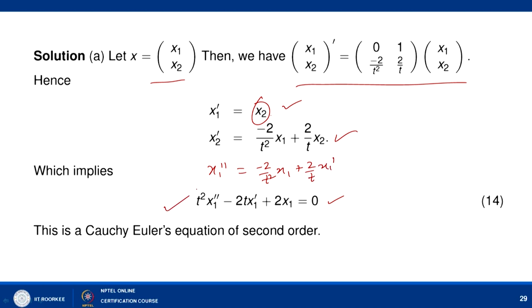When you simplify, you will get t² x₁'' - 2t x₁' + 2x₁ equal to 0, and observe that this is nothing but a Cauchy-Euler equation of the second order.